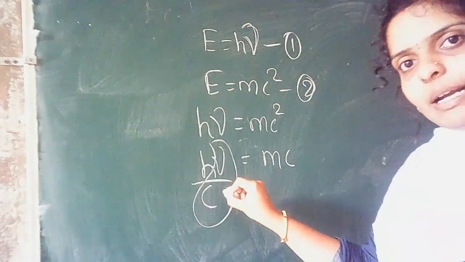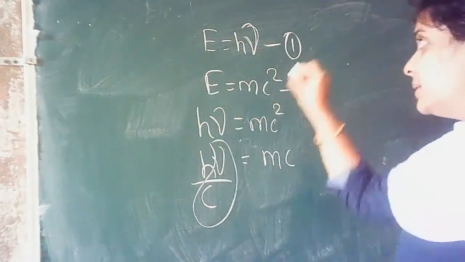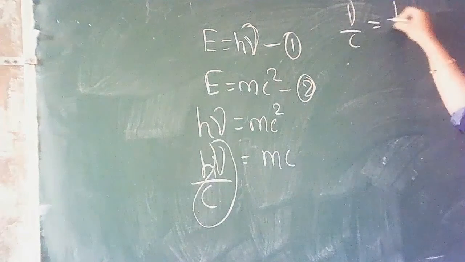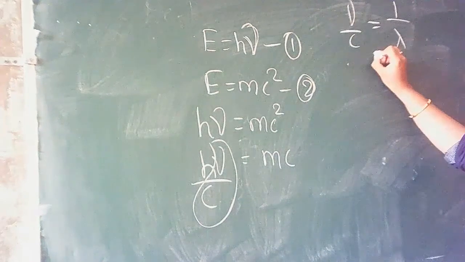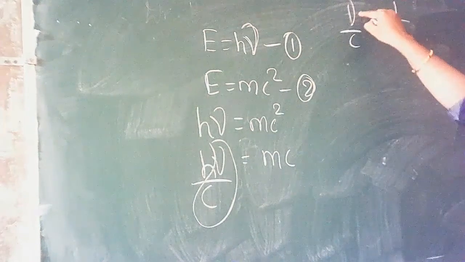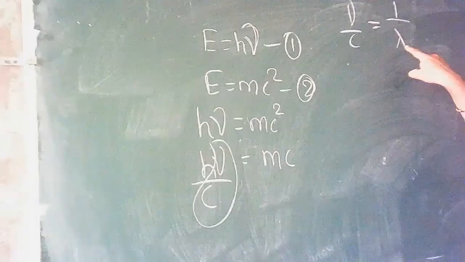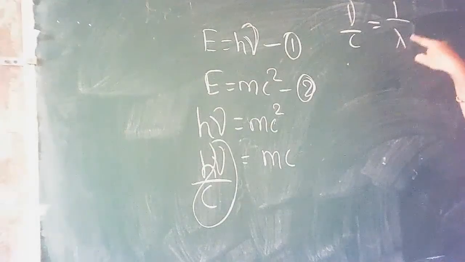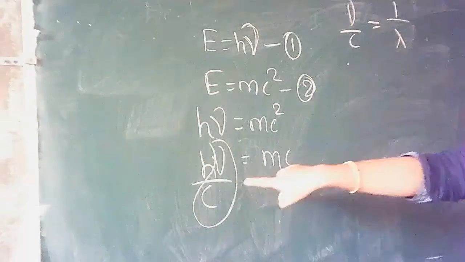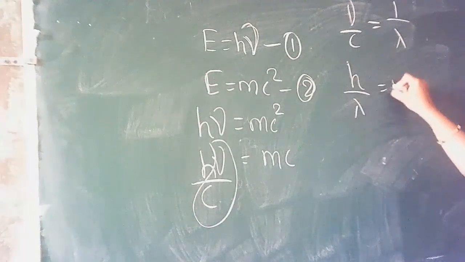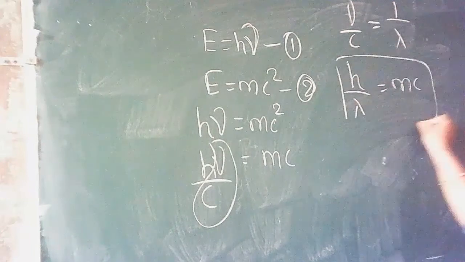So this nu divided by c is nothing but 1 divided by lambda, meaning the ratio of frequency to the velocity of light is nothing but the reciprocal of what? That is wavelength. Now substitute this 1 divided by lambda value here. What happens? It becomes h divided by lambda is equal to what? m into c.